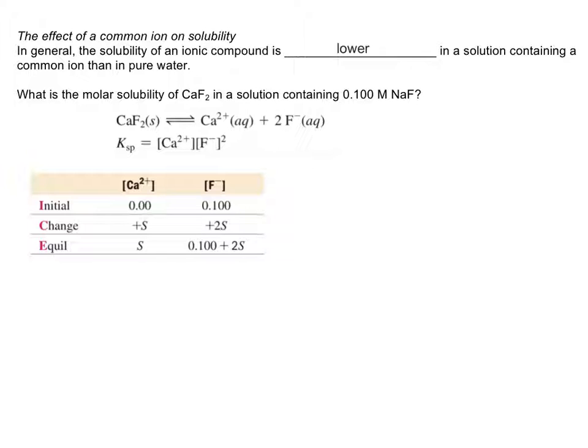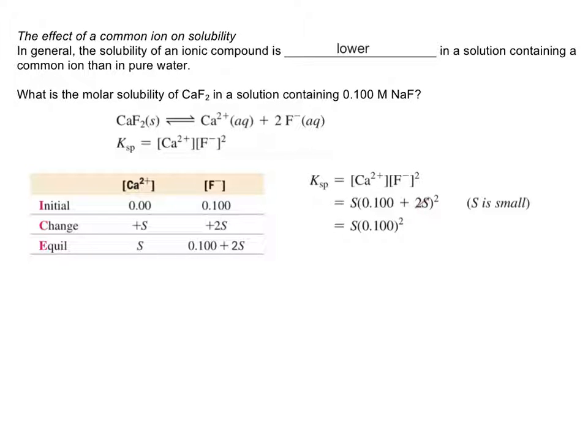This is not a very soluble salt to begin with, and since we already have the 0.1 for the fluoride, s is going to be relatively small compared to that, so we can ignore it, just like we did in the problems in the previous chapter. This gives us Ksp equal to the concentration of calcium times the concentration of fluoride squared, which is going to be s times 0.1 squared after we cancel out the plus 2s.